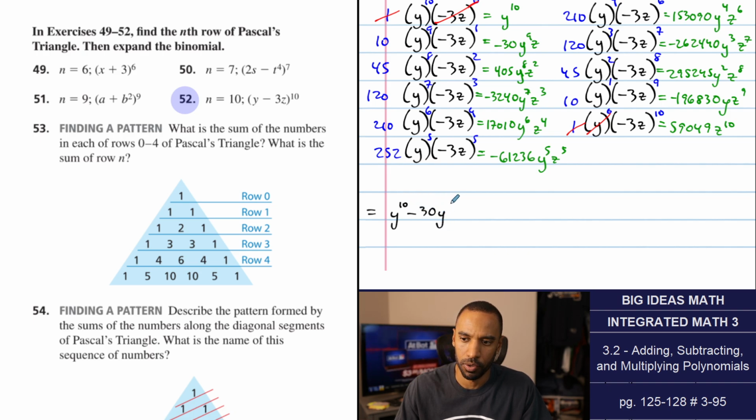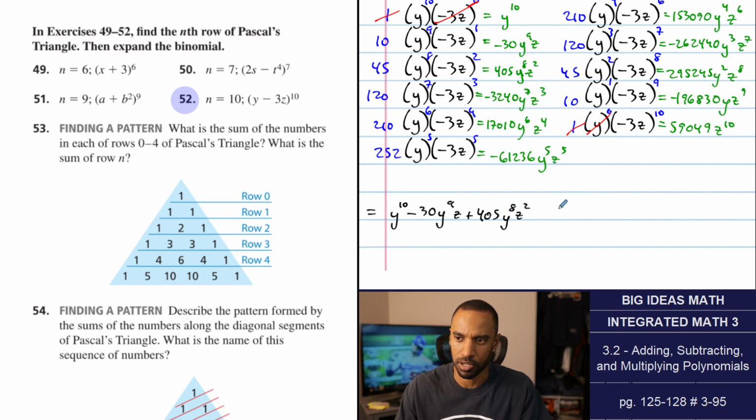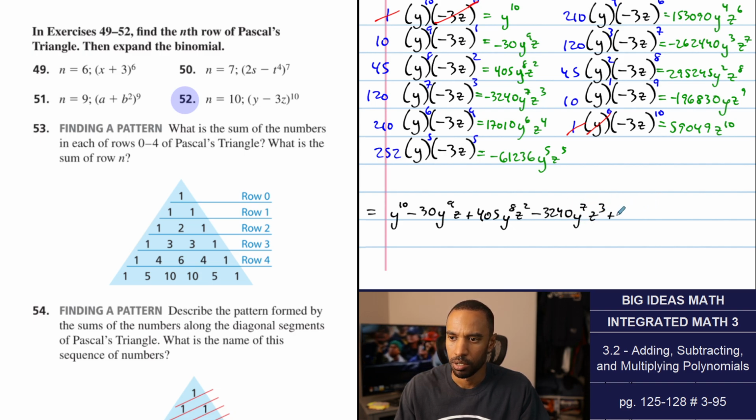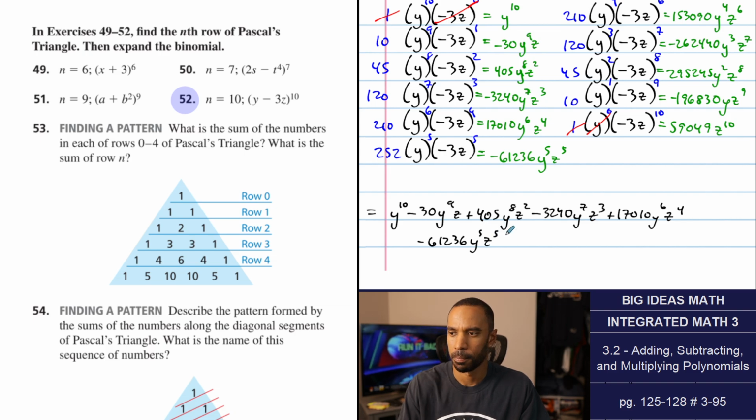minus 30y to the 9th z plus 405y to the 8th z squared. I hope I didn't mess anything up. Minus 3240y to the 7th z cubed plus 17010y to the 6th z to the 4th minus 61236y to the 5th z to the 5th.